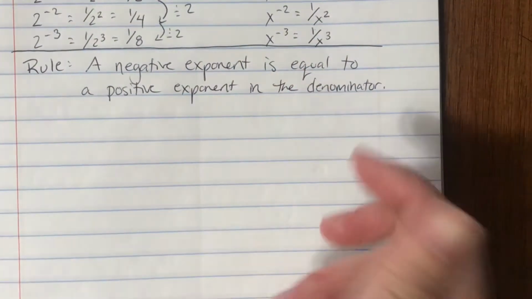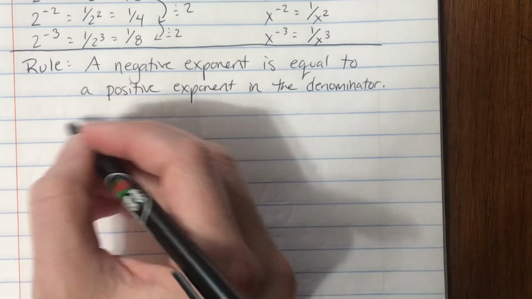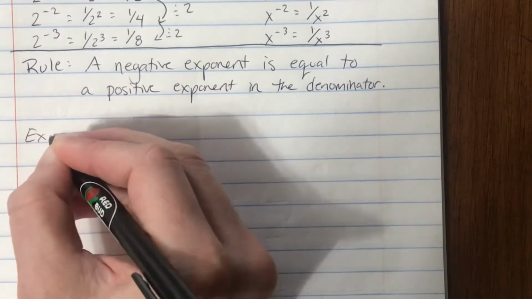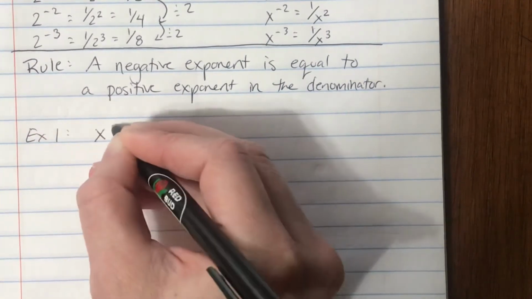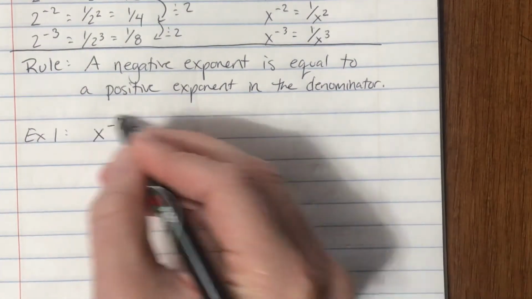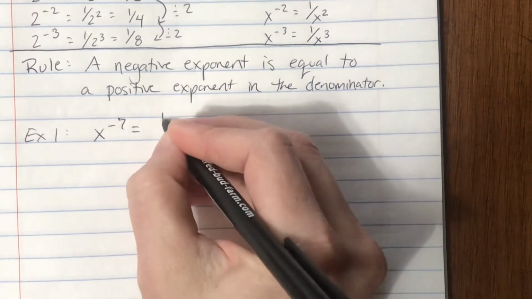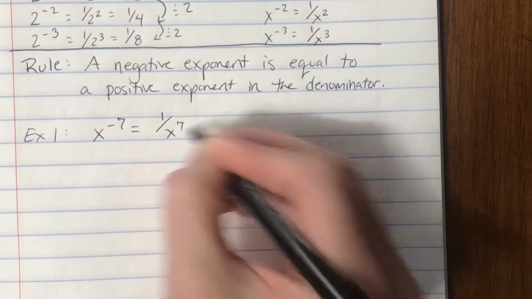So, for example, let's just do example number 1, x to the -7th power. Most of the time instructions will say write this with positive exponents. And so you would say, okay, that's 1 over x to the 7th.